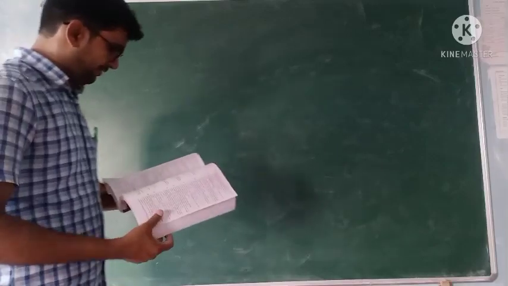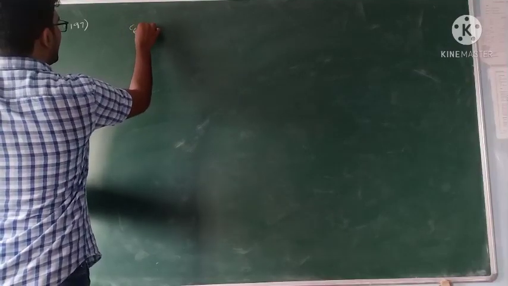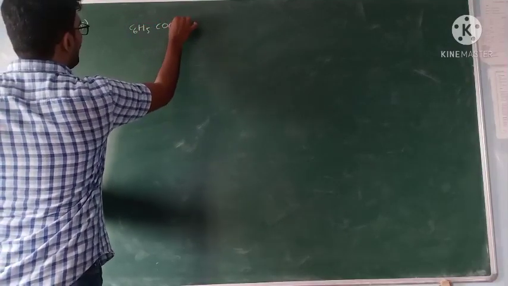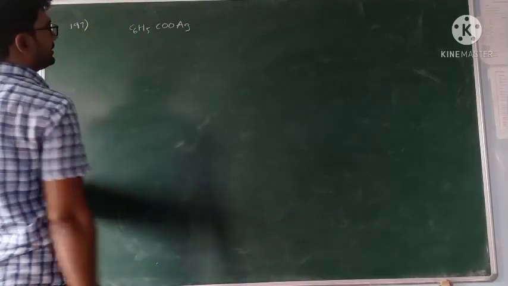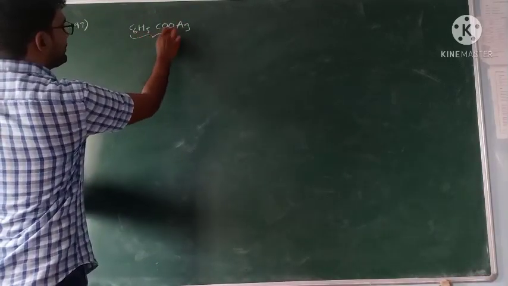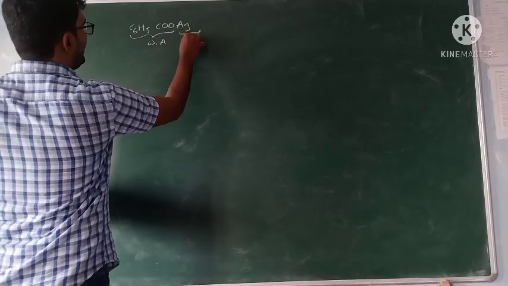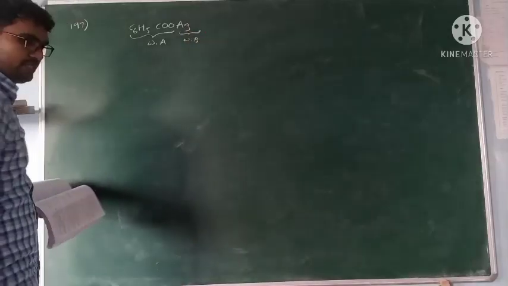Next, 197. The solubility of silver benzoate, C6H5COOAg. It is a salt of C6H5COOH, weak acid, this part, and from weak base, that is AgOH.